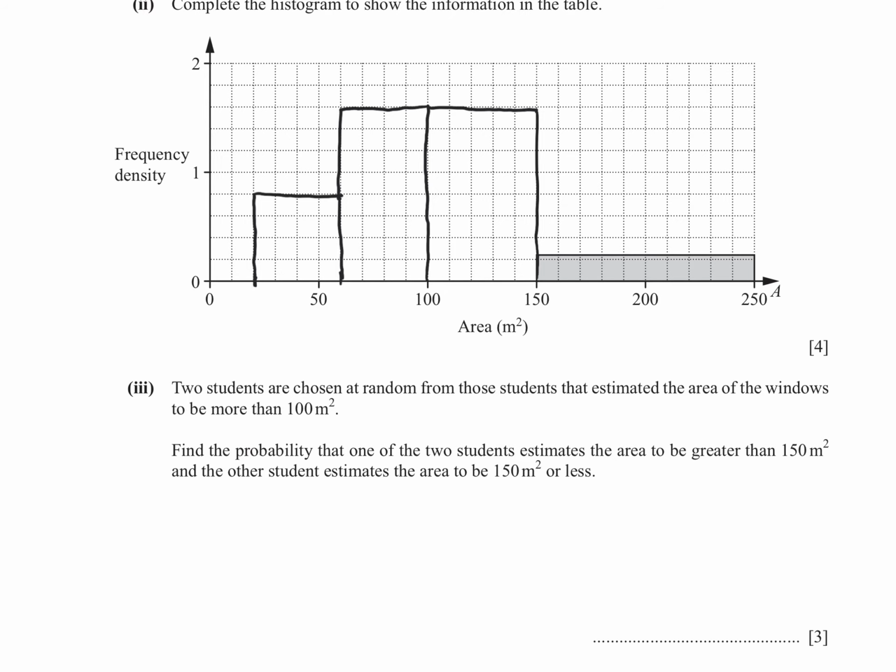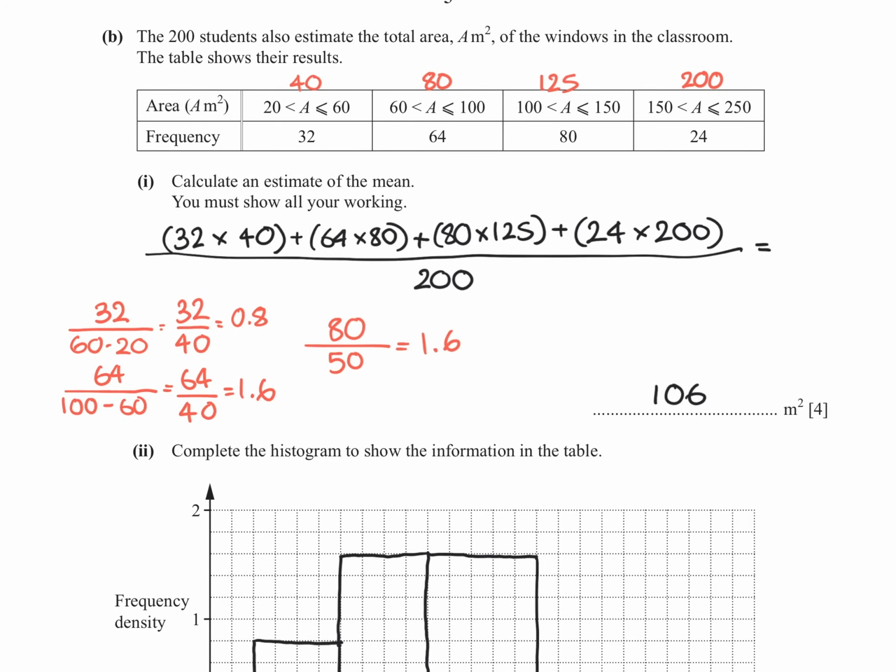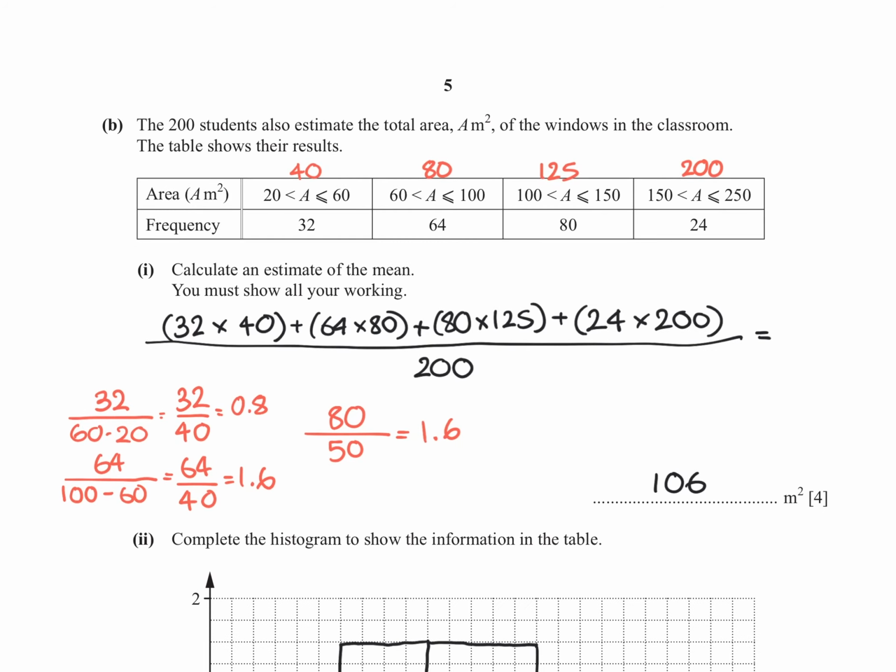So for students that estimated the area of the window to be 100 or more, we're only looking at these two groups. We're choosing from 80 plus 24 students, so that's 104 students.